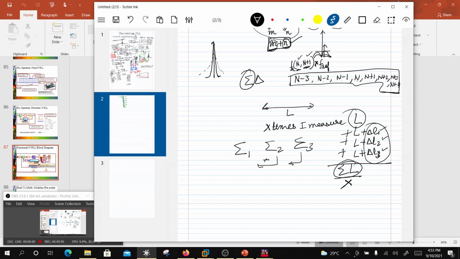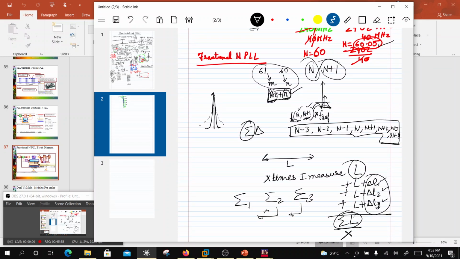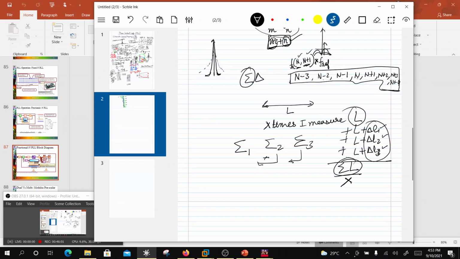So this is what is happening inside a fractional N PLL, and noise shaping. A sigma delta modulator basically is averaging out, and if I do first order integration and differentiation, that will filter out the first order noise. If I do a second order integration and differentiation, then the second order noise will be cancelled out.